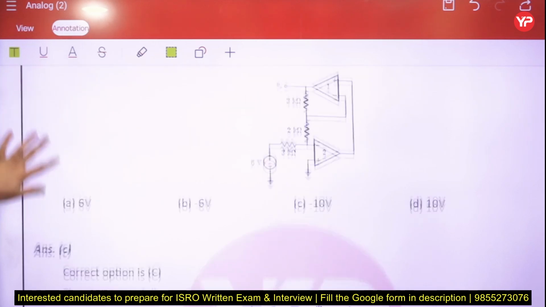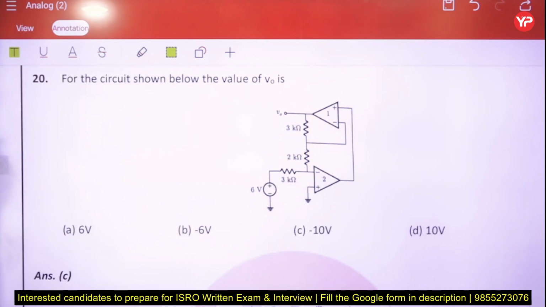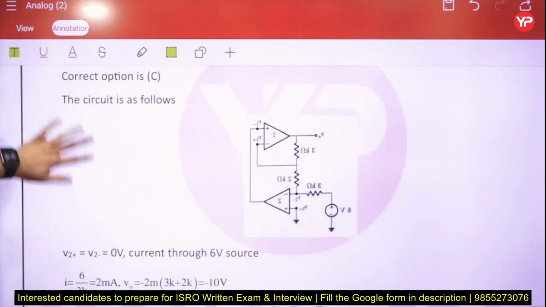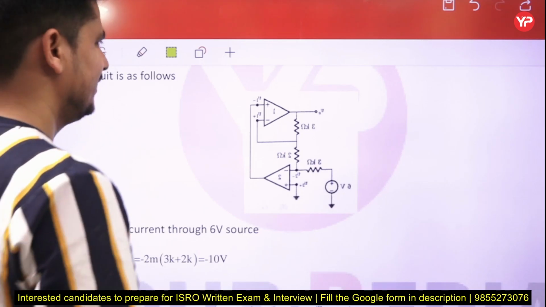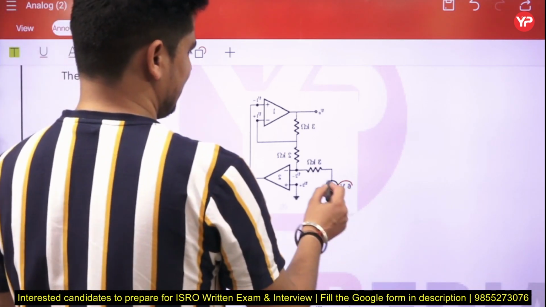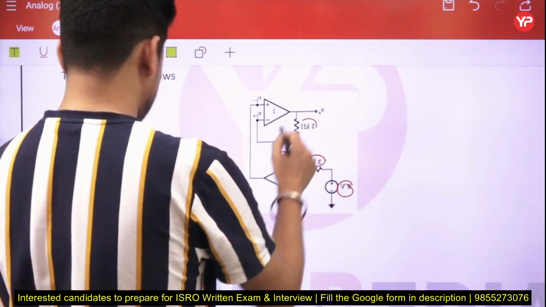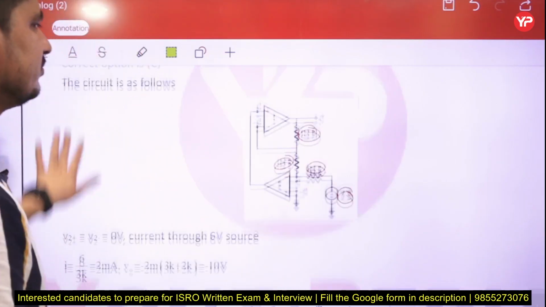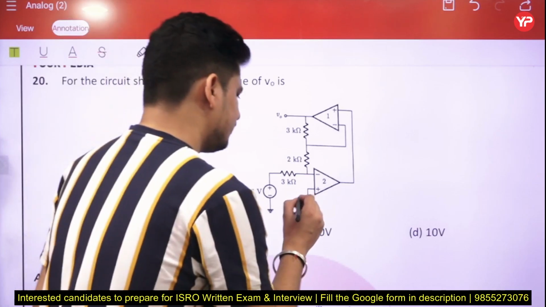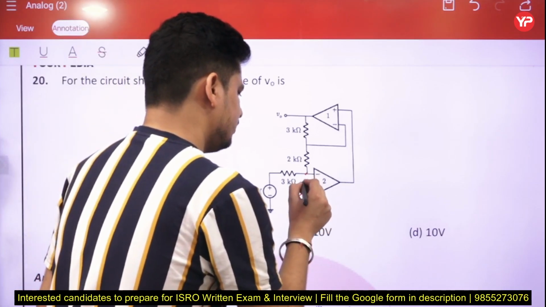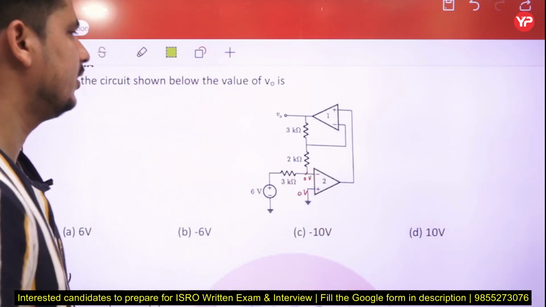Last question. The circuit shown below, we have to calculate the output voltage of Vout. Okay, this figure is opposite. This is 6 volt, this is 3 kilo ohm, 5 volt, 3 volt. See, this is 0 volt here, so this will also be 0 volt here, correct?